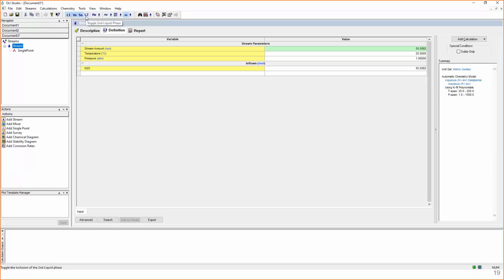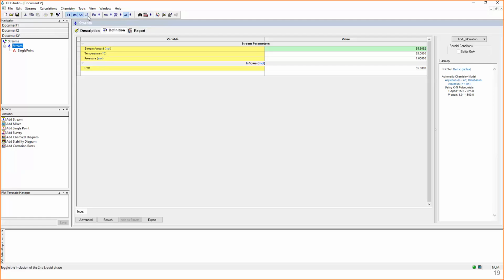And L2 stands for liquid 2 or organic phase. Whenever you have a hydrocarbon, let's say for example you have decane, the software will detect it and turn this on by default, because that is a second liquid phase or an organic phase.